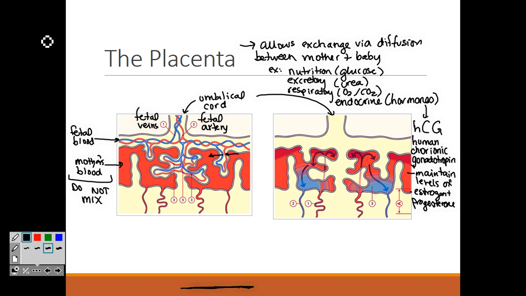If those levels can be maintained, the uterus stays thick and she doesn't have her period again. If those levels are high, remember they have negative feedback on GnRH, so we don't have a new cycle starting. We don't have FSH stimulating another follicle to develop.